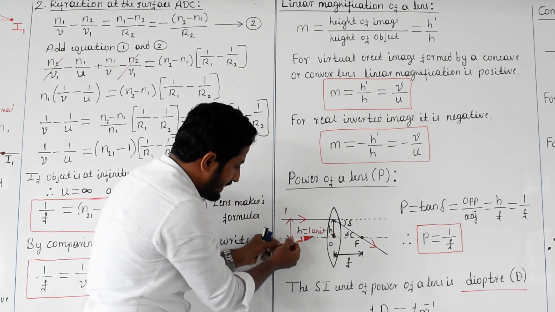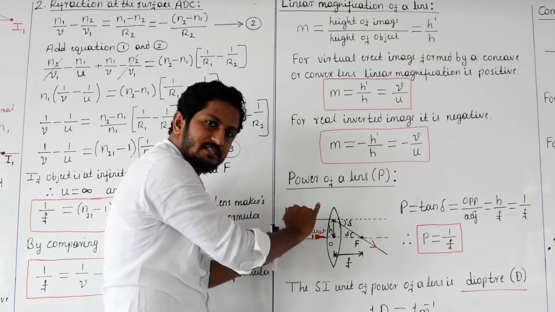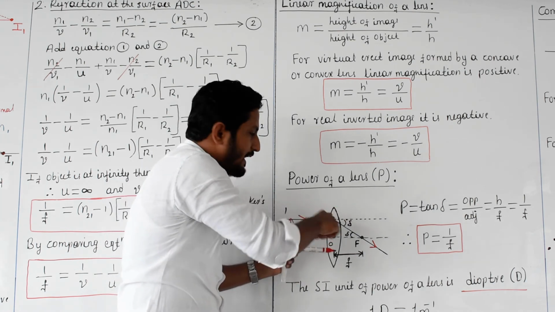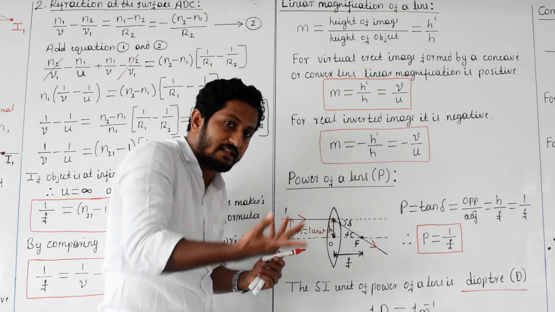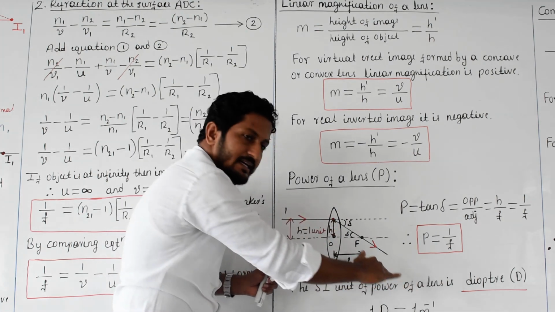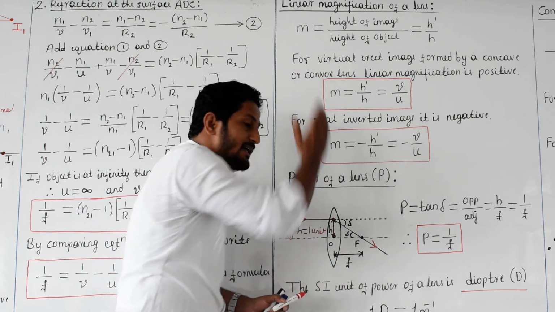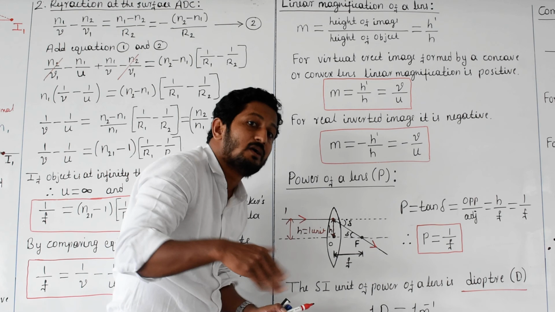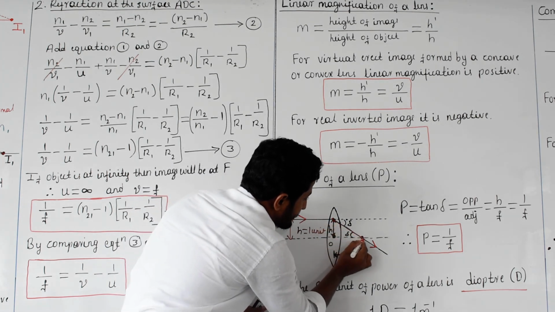A light ray just above or below the principal axis at unit distance is coming and going to hit that lens. Thereafter it bends inward if it is a convex lens, and bends outward if it is a concave lens. Now you see that light ray has gone like this.